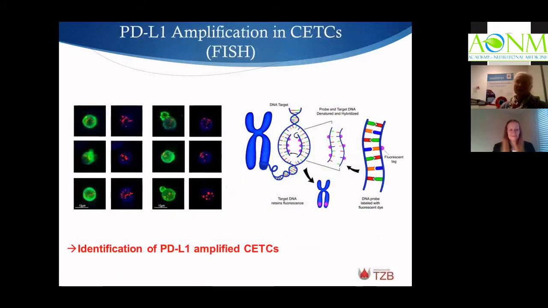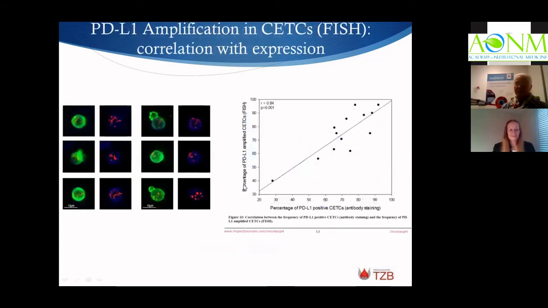We can also detect PD-L1 by, again, FISH, because it's known that in order to express increased PD-L1, again, the genes can be amplified, and this leads then to an increased expression of PD-L1. And this we have shown here. The more amplificates there are present in a cell, the higher is the expression of PD-L1 on the cells.